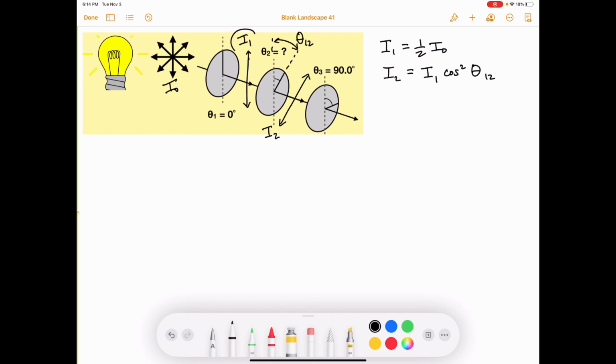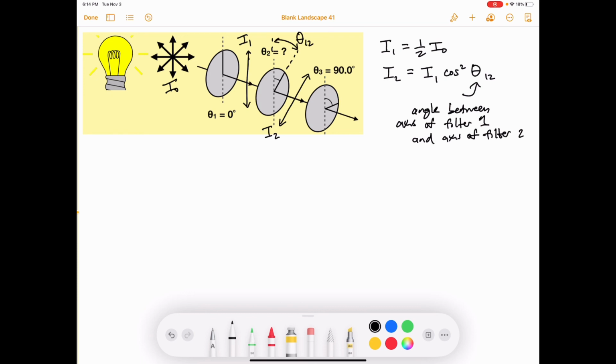But since this wave is polarized along the axis of the first filter, when I'm referring to theta 1, 2, I'm really just talking about the angle between the axis of those 2 filters, the angle between the axis of filter 1 and the axis of filter 2. Let's just write that down. Angle between axis of filter 1 and axis of filter 2.